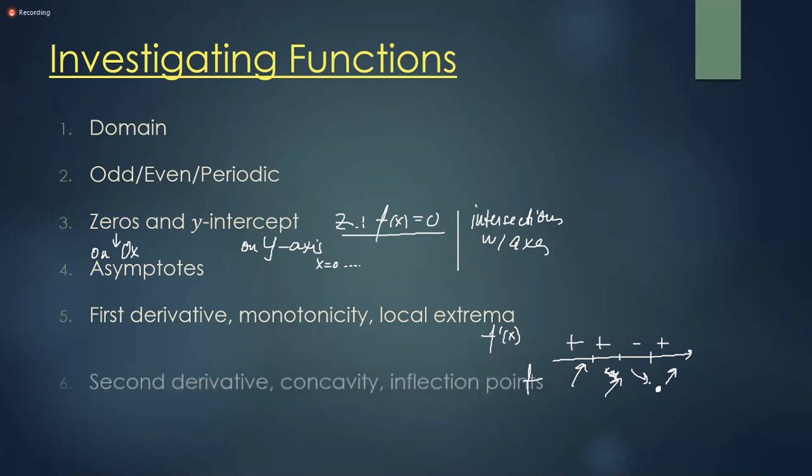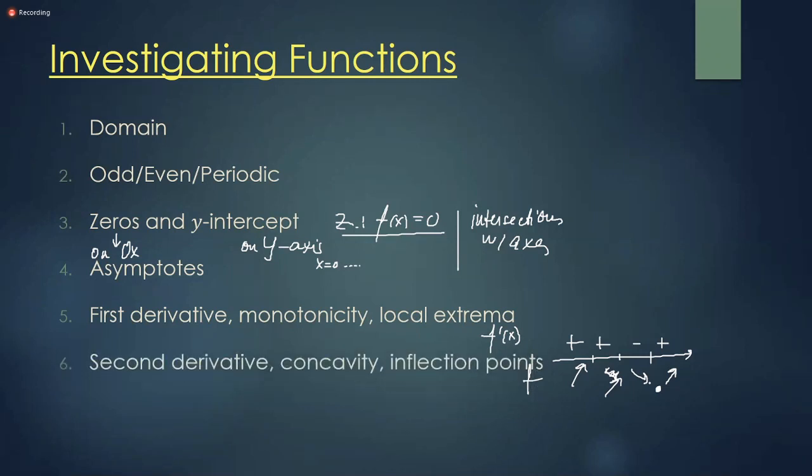And then the second derivative and everything that follows from the second derivative. Inflection points, concavity, and then you will be able to put this kind of information together and understand how this graph behaves after you do the second derivative.